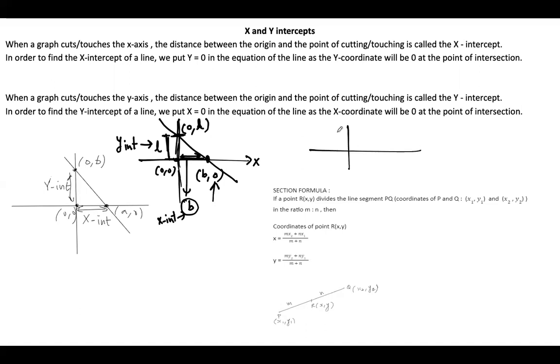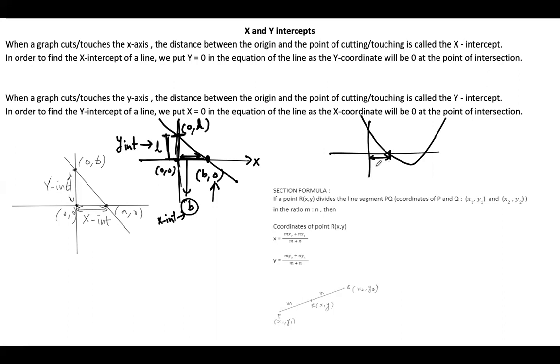For example, if a graph is there, let's say this is the point wherein you are getting the y coordinate as 0. So this is some x value that you are getting, let's say x1. Can I say this graph will have how many x-intercepts?